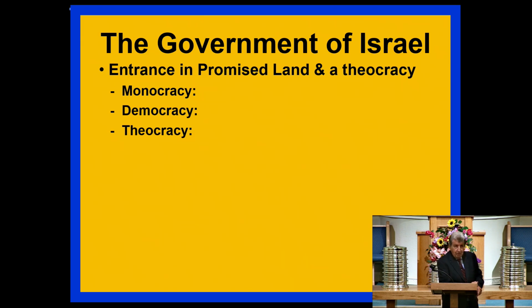Democracy, demos, is the word indicating people. A democracy is where the people rule. And the third one is theocracy, and theos is the word for God. Go ahead and put the definitions up there. I think that will help you see what we're talking about.